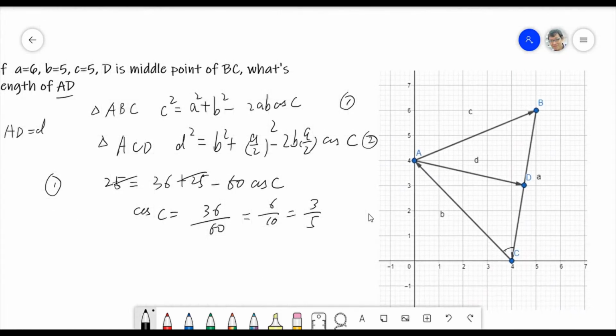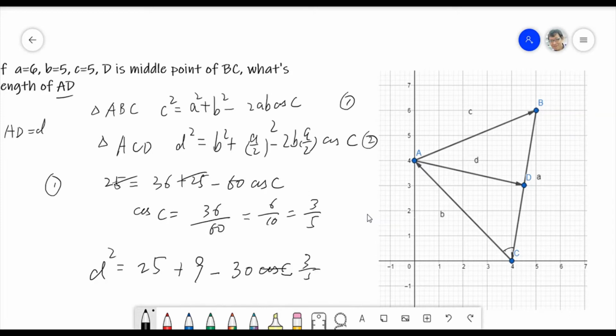Now we can find d. d squared is b squared, so 25, plus a divided by 2, which is 3, and 3 squared is 9, minus 2 times b times a over 2. The 2 and a over 2 cancel, so ab is 30, times cosine C, which is 3 over 5.